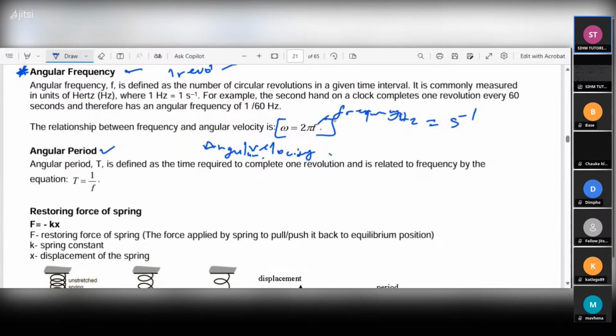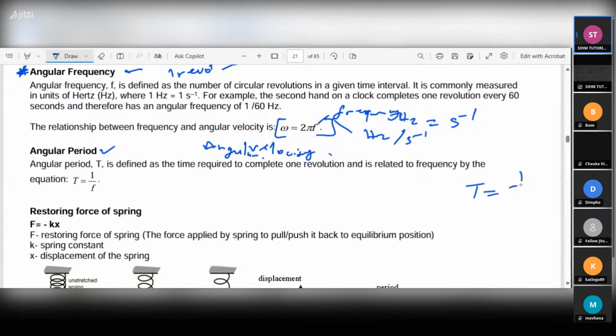The frequency has a unit of per second, and this comes from the time, where we deal with the period.